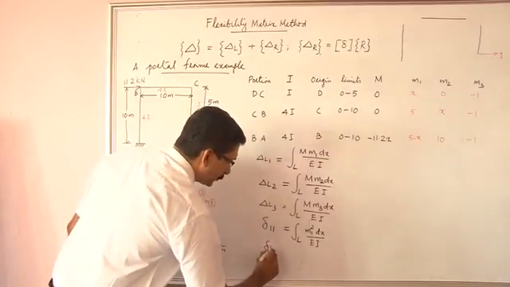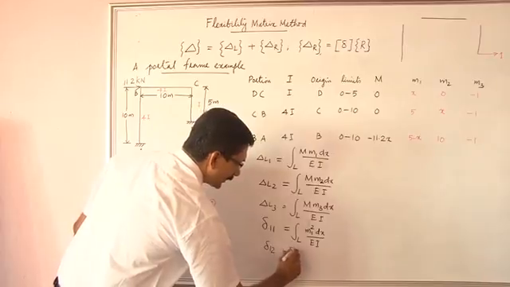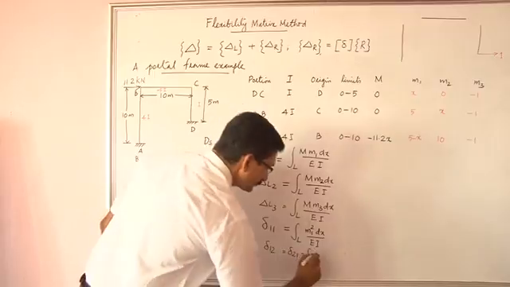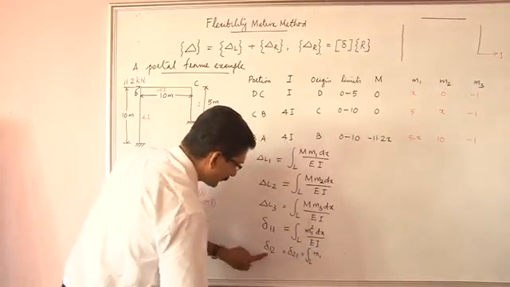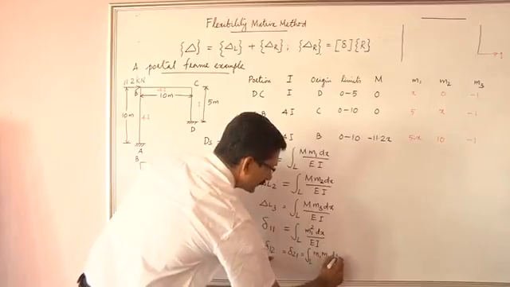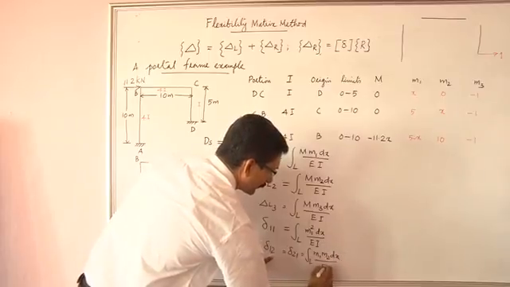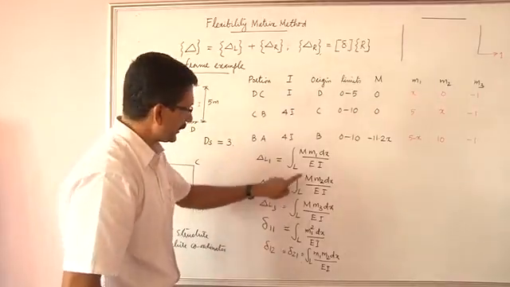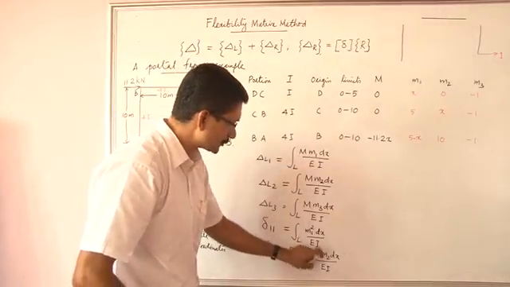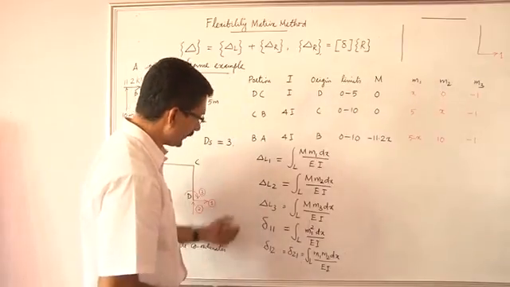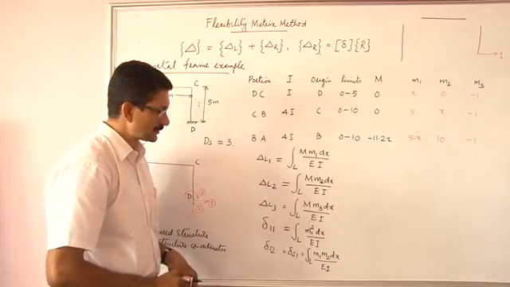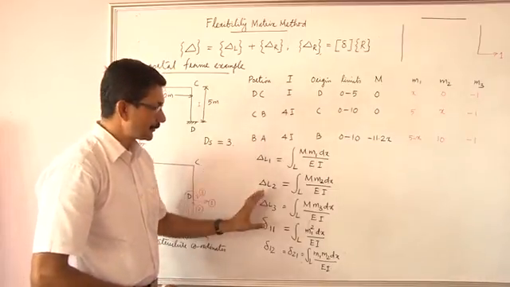Delta 12, equal to delta 21, will be integral over the length of the portions small m1 into small m2 dx divided by EI. Capital M will give way to small m1 and small m1 will give way to small m2 over here. Like that you can find out all the flexibility matrix coefficients.